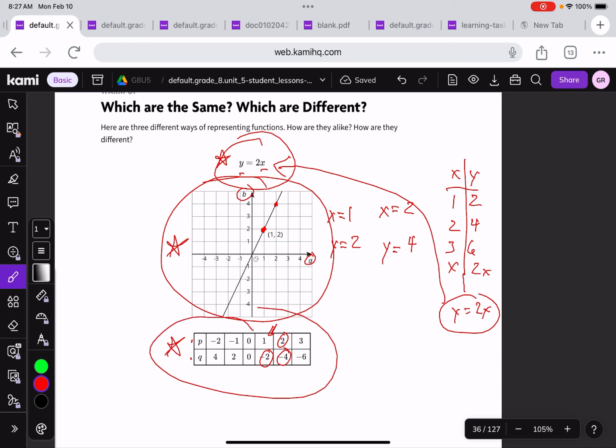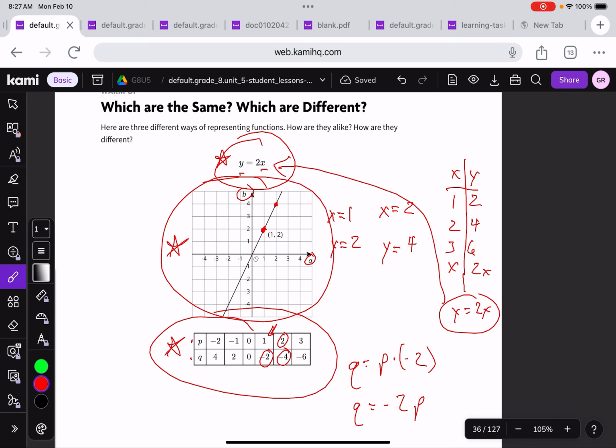This one, you should notice they're multiplying the top not by 2, but by negative 2. Q, whatever Q is, whatever P is times a negative 2. Or what we would say is Q equals negative 2P is just typically how we write it.